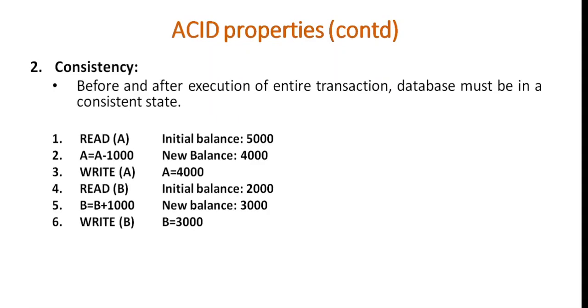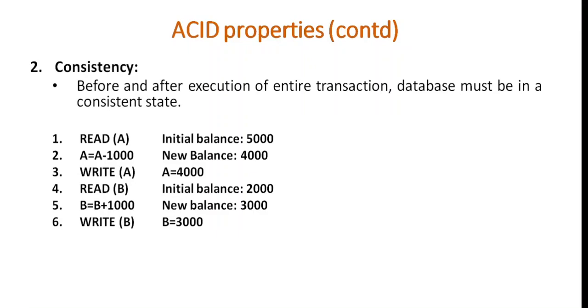So if we consider the same example, now here we are having balances also. The initial balance of account A is 5,000 and the initial balance of account B is 2,000. If we take the addition of these two initial balances, then the summation is 7,000.